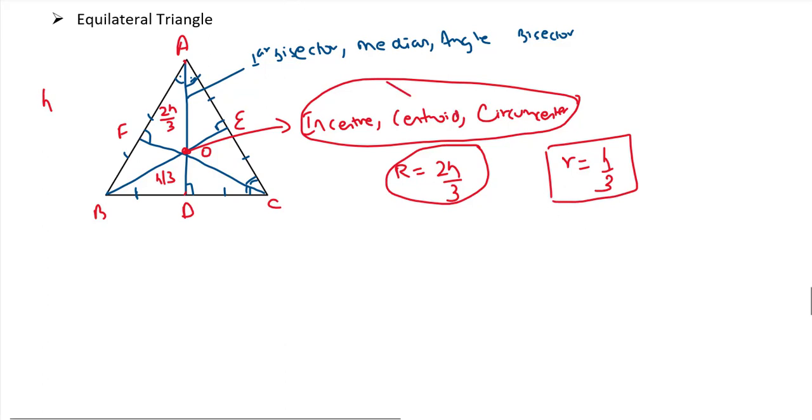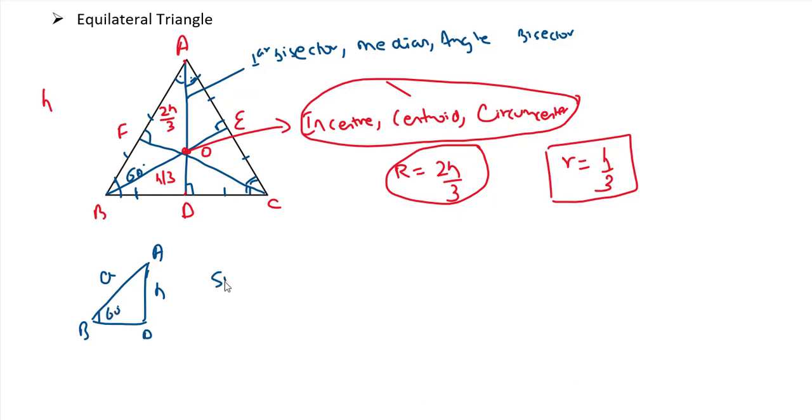So now what is h? H is the height of your triangle. Let us calculate this. Now each of these angles is 60 degrees. So if we consider this triangle ABD, this is your height, this is the side of the triangle of length A. So this angle is 60 degrees.